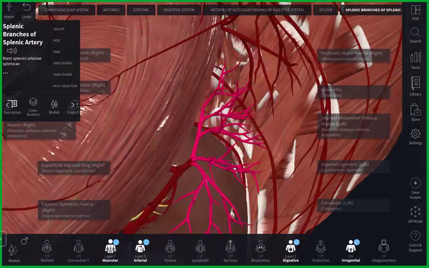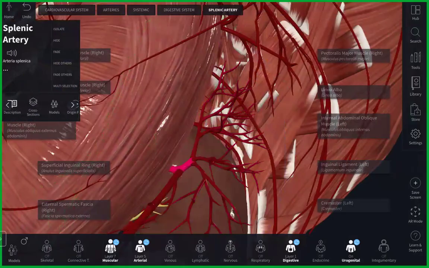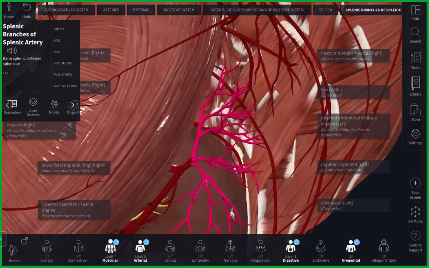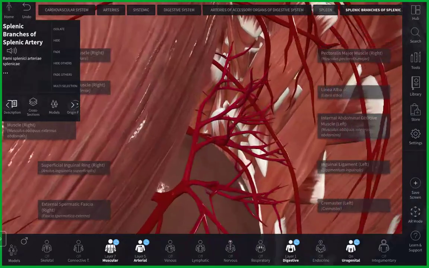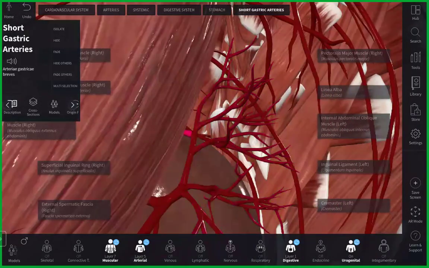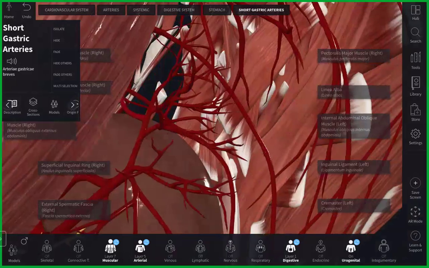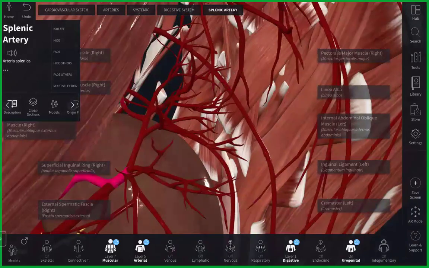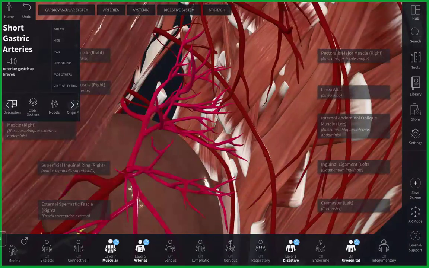And these short gastric arteries are coming from the splenic artery. The splenic artery gives splenic branches, and from splenic branches we get short gastric arteries.